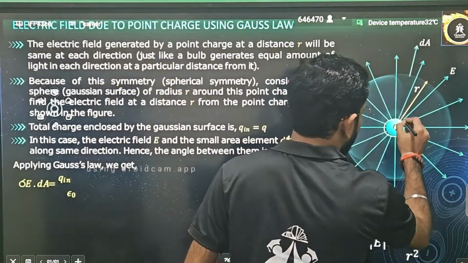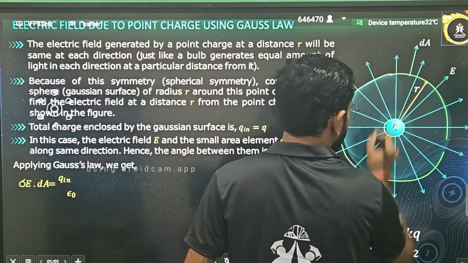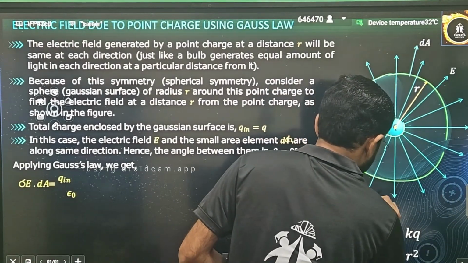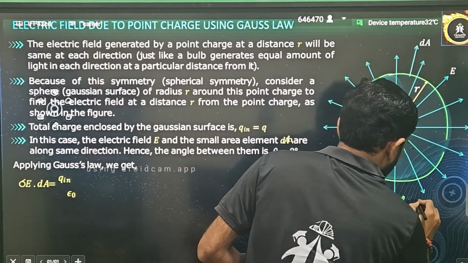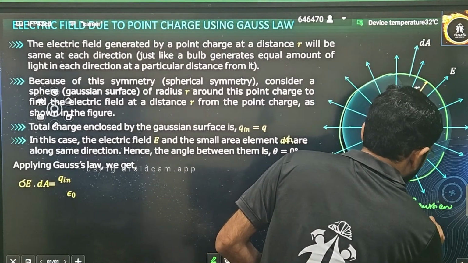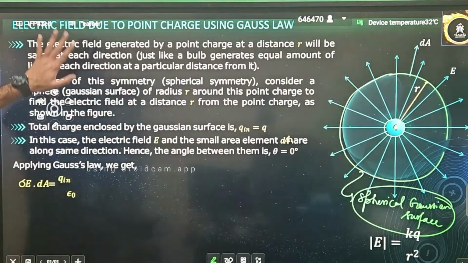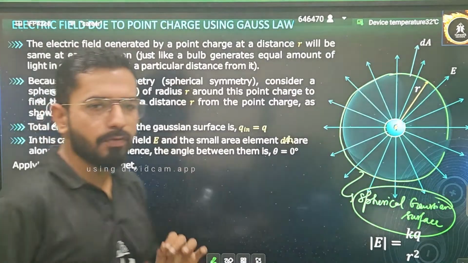This is a charge q, and I have made a spherical imaginary Gaussian surface. Important things are what I am telling you. For board purpose, you can write this much. This will give you confirm 5 marks.